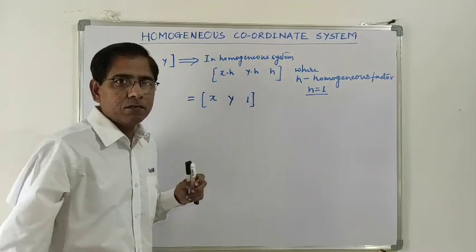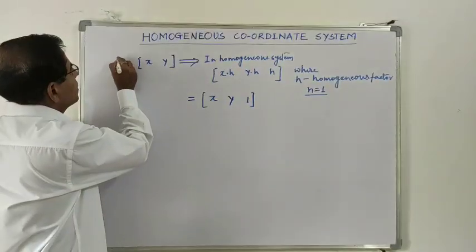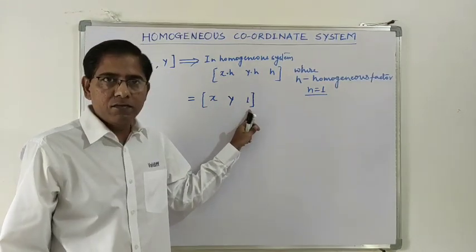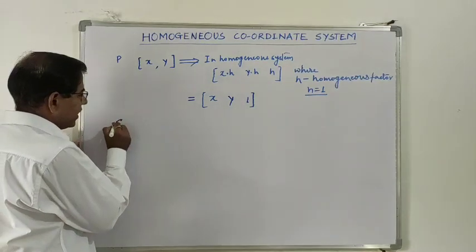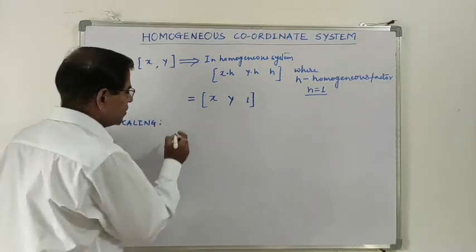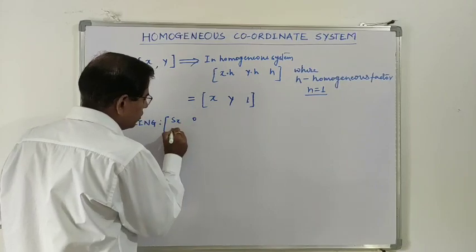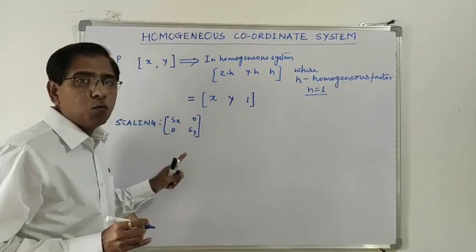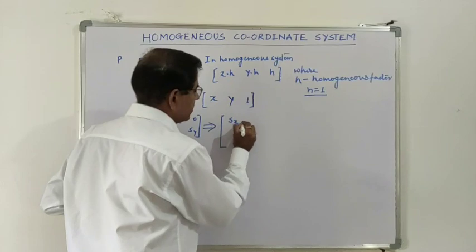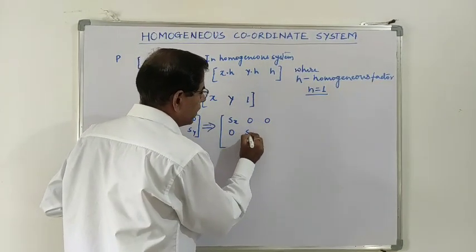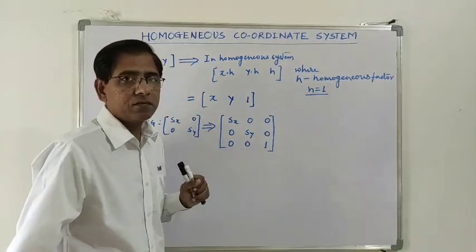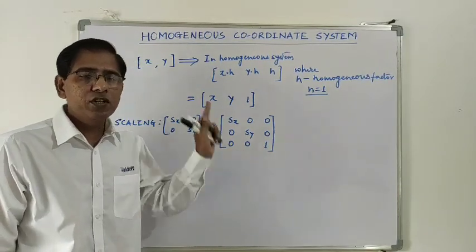So in homogeneous system, point P, which is having coordinate x comma y, is represented as x y 1. Similarly, scaling matrix, which is represented as Sx 0, 0 Sy in non-homogeneous system, is represented as Sx 0 0, 0 Sy 0, 0 0 1. So this is a scaling matrix in homogeneous system.